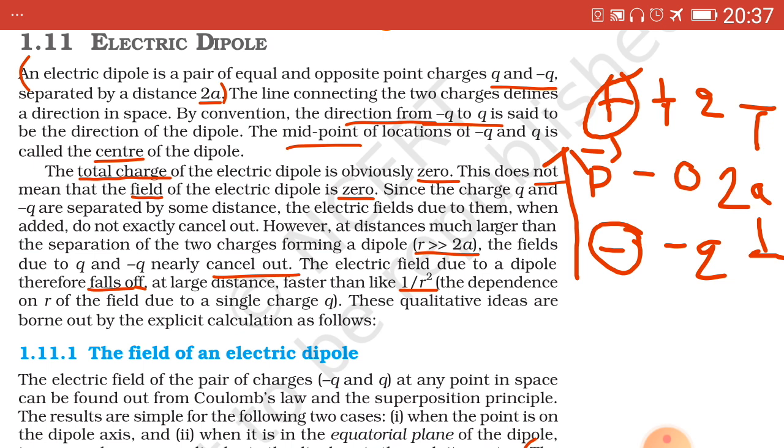Last one, that is 7. The dimensional formula of electric flux in terms of capital A, that is ampere, is dash. That's all. Now we start with the new topic, that is electric dipole.